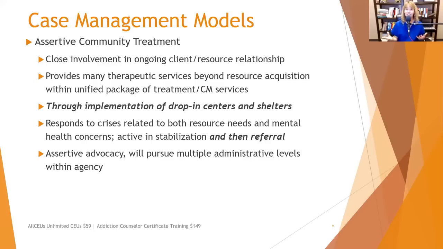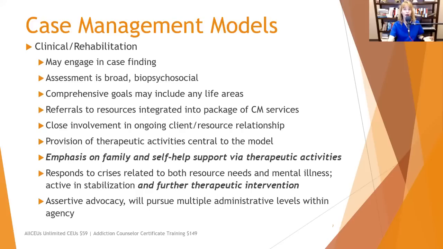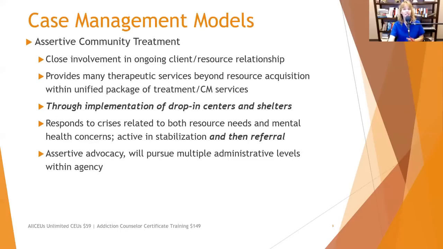So again, just like in the clinical rehabilitation model, the advocacy is even more assertive in the assertive community treatment model, making sure that we are getting other agencies and all the resources needed in the community on board, because you can't provide everything through your agency. Your agency is not going to provide housing, but you need to have a delegate from housing and urban development maybe on the team.